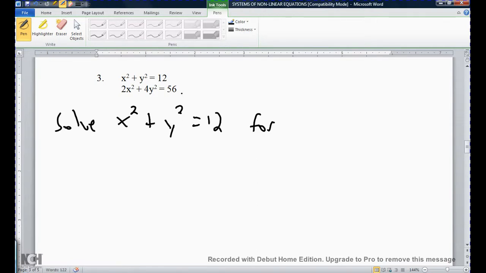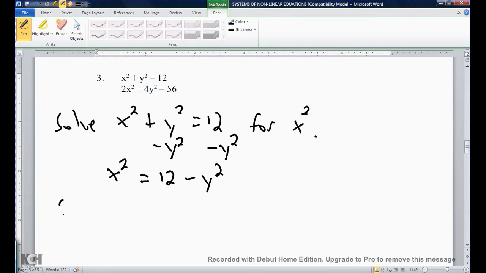I can use either equation. I'm just taking this first one mainly because it doesn't have any numbers in front of the x squared and the y squared. So I'm just going to solve it for x squared. It does not matter. And when I do that, that means I'm going to subtract y squared from both sides. And we end up with x squared equals 12 minus y squared.